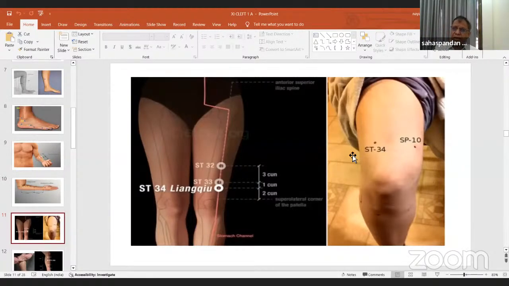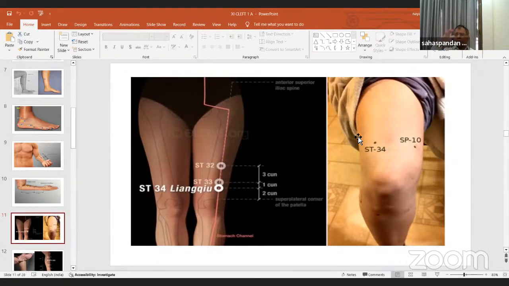Then ST34, stomach 34. Stomach 34 is unique among the Xi-Cleft points of the 12 meridians in being located proximal to the knee. This is the only Xi-Cleft point located so proximal to the knee.